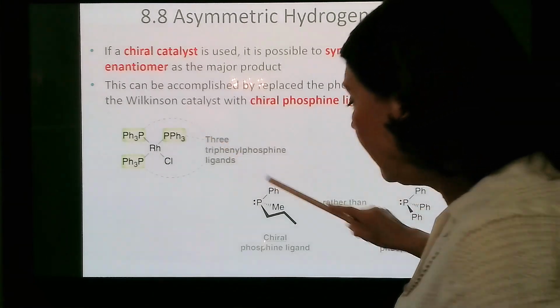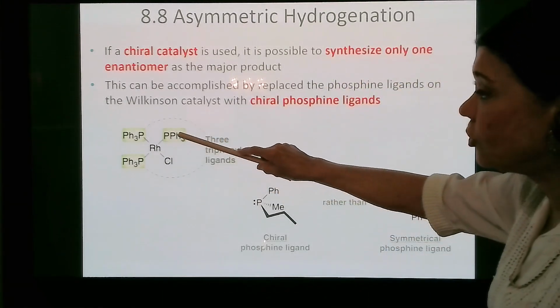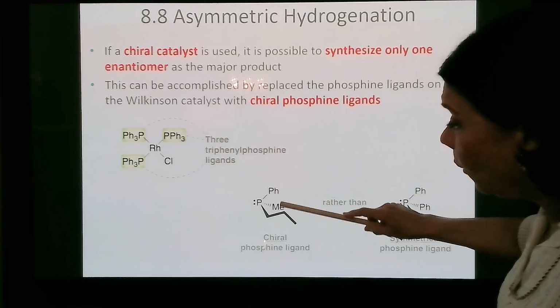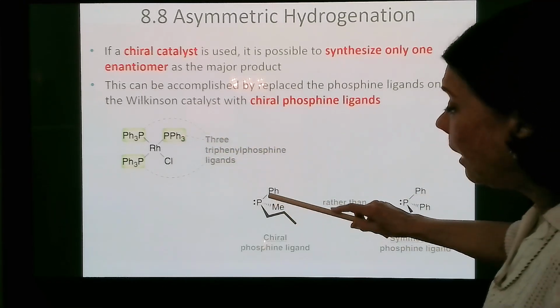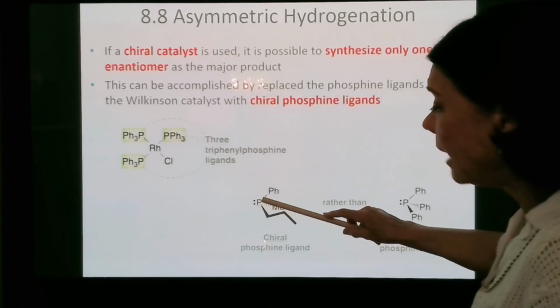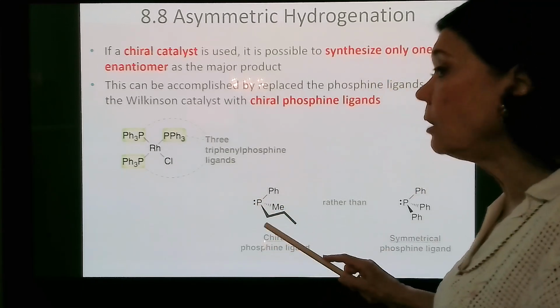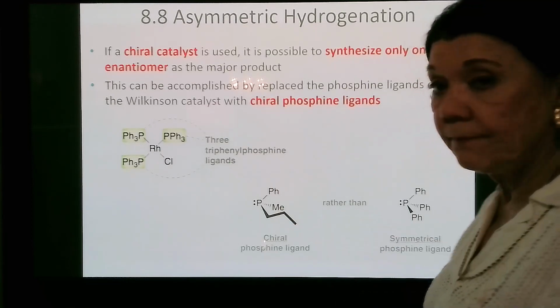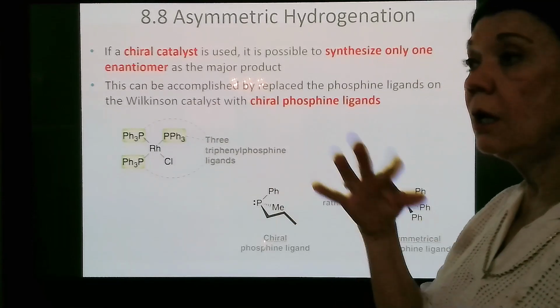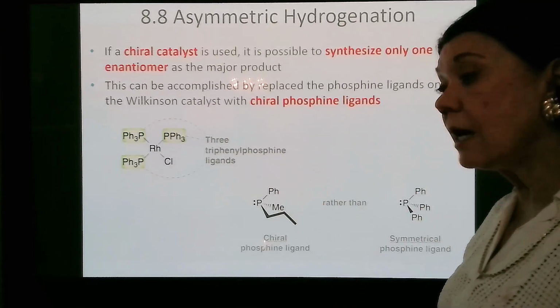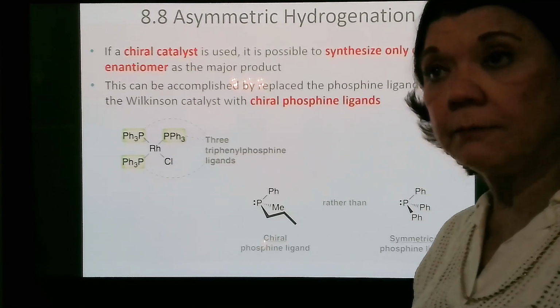if you replace two of the phenyl groups with other groups, this is not like when you have an amine. When you have an amine, you would lose this stereochemistry. There's inversion. The nitrogen does not retain any stereochemistry.